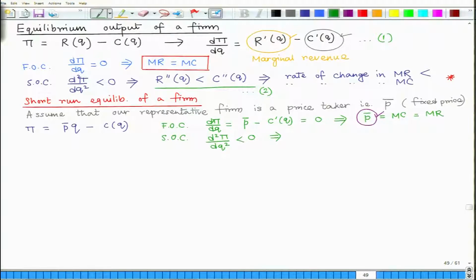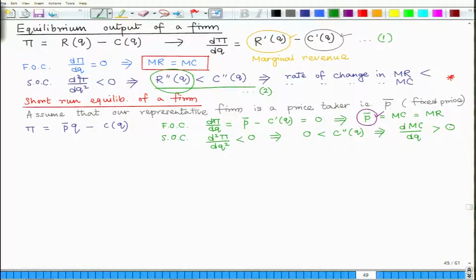From here we can see that R double prime, which is the rate of change in marginal revenue, will be 0 in this case, because here marginal revenue is constant, that is the market price P bar, and that should be less than or equal to C double prime Q. That indicates that the slope of the marginal cost curve shall be positive.